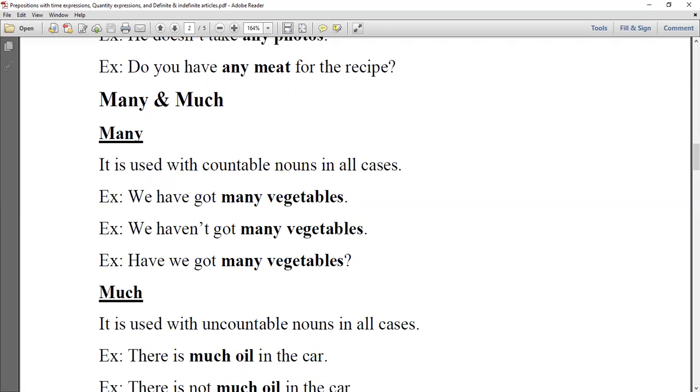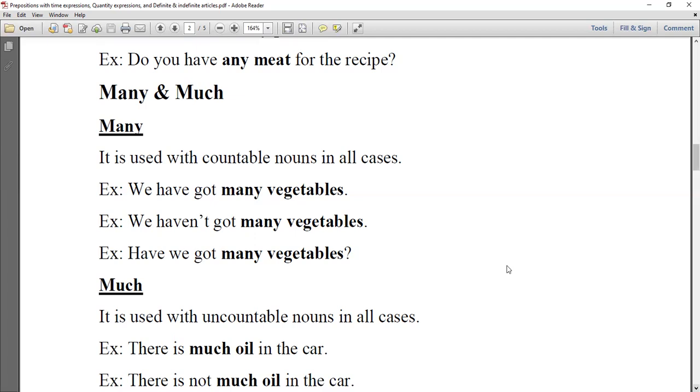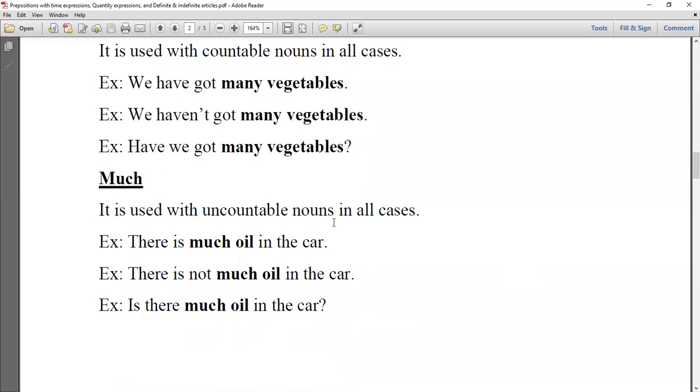Much. We are using much with uncountable nouns in all cases. So we are using much with uncountable nouns in affirmative, negative, and interrogative cases. There is much oil in the car. There is not much oil in the car. Is there much oil in the car?